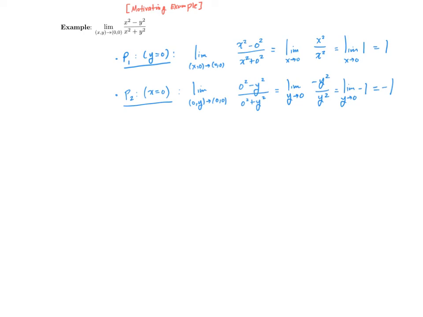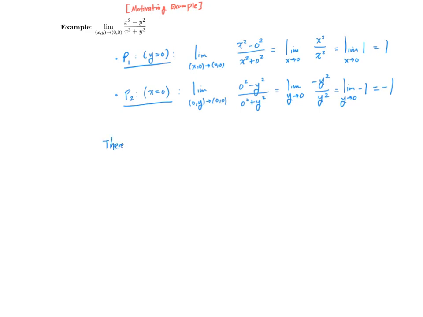And what we have nicely illustrated here is we've chosen two paths that approach the origin. One of them is along the horizontal line y equals 0, and the other is along the vertical line x equals 0. And they result in different values. And if you ever have two paths with different limiting values, that tells us that the limit itself does not exist.